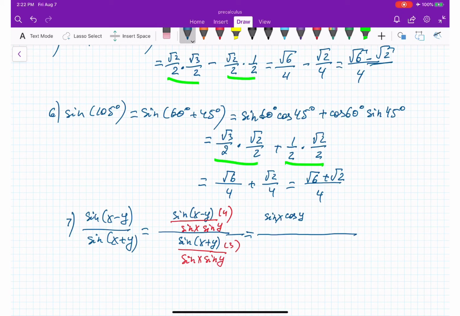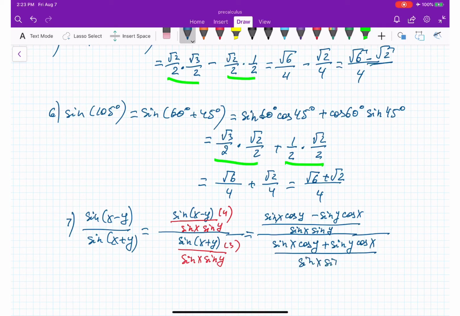So sine x cosine y minus sine y cosine x, and this we divide by sine x sine y. Next, sine x cosine y plus sine y cosine x. That's applying formula 3. And still divide by sine x sine y.